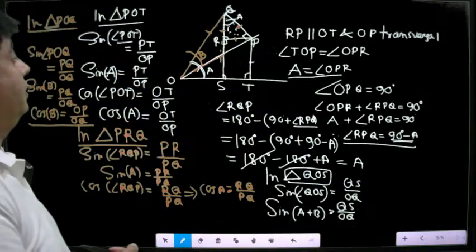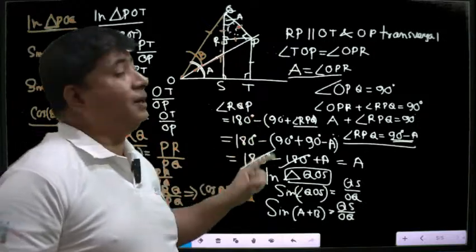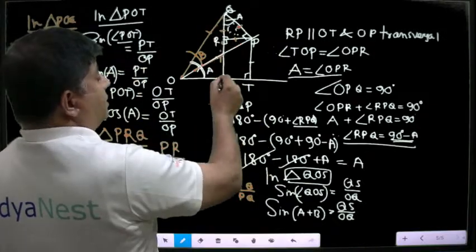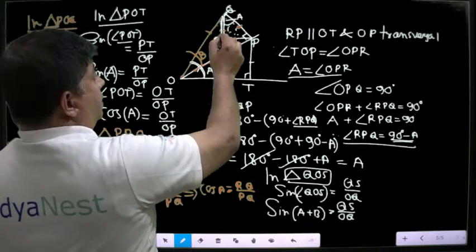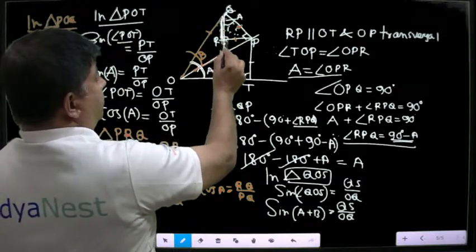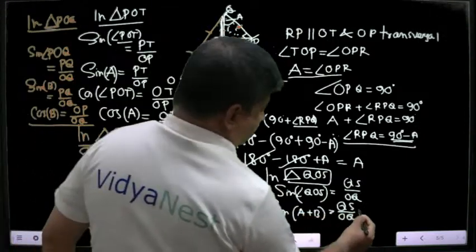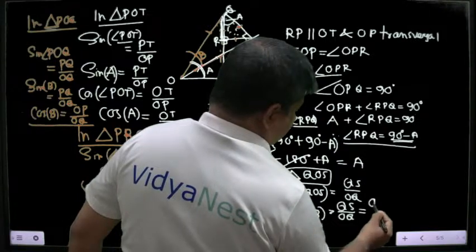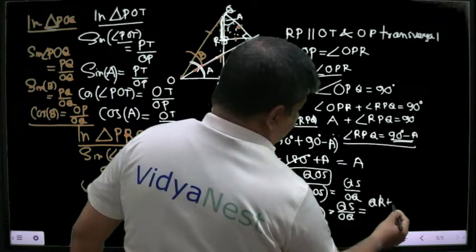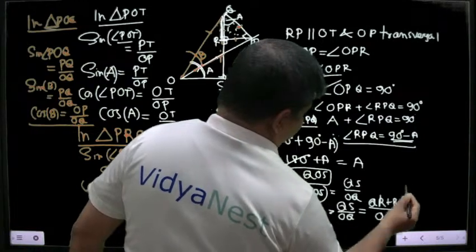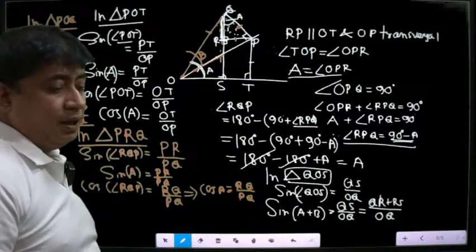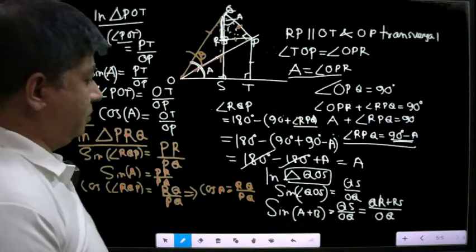QS can be split into two parts, QR plus RS, so sine of A plus B is QR plus RS by OQ.